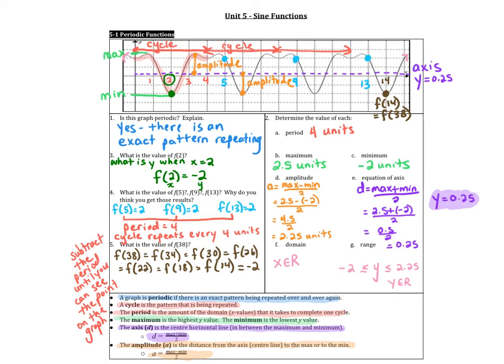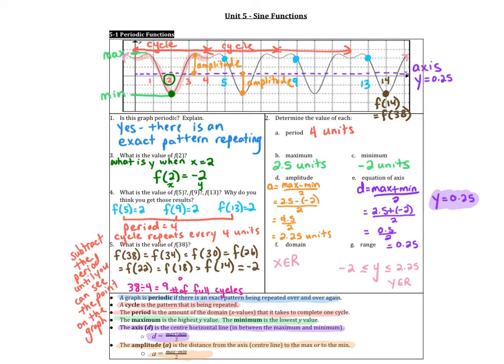Now, there is a faster way to get this answer without having to do all of this work. It's a little more abstract, so it's up to you which way you'd rather do it. What you could do is say, we're looking for f of 38. The period is 4, so if we divide 38 by 4, we get 9. And that is the number of full cycles. There would be 9 full cycles and then some partial cycles.